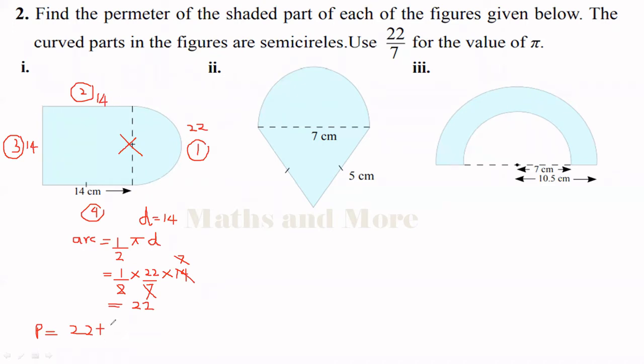Length around the figure is called the perimeter. 14. This length 14.